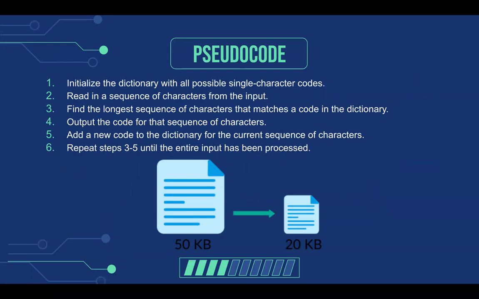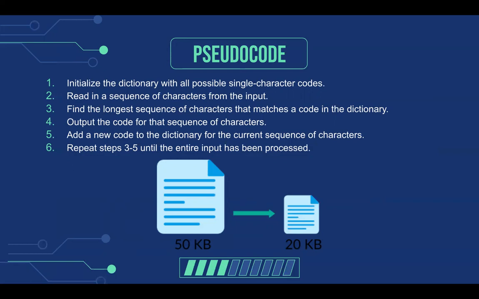Now we read the input characters in a sequence; this is the data that we want to compress. We find the longest sequence of characters that matches a code in the dictionary. This is the core of the LZW algorithm. It identifies the repeated patterns of characters that can be replaced with shorter codes.